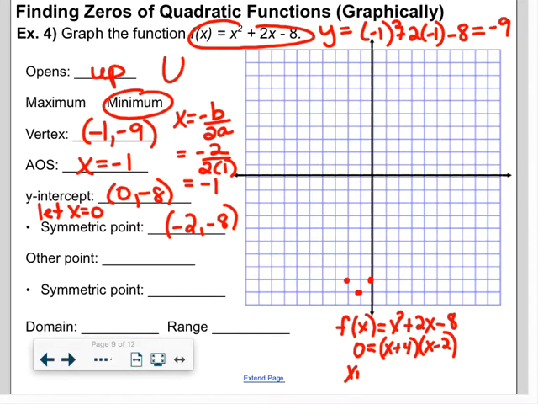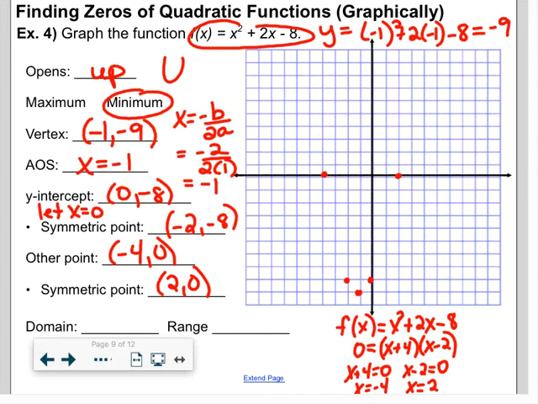So I can set x plus 4 equal to 0 and x minus 2 equal to 0. So x equals 2 or x is negative 4. These are the x-intercepts. So I'm going to plot 2 and negative 4. This is negative 4 comma 0 and 2 comma 0.